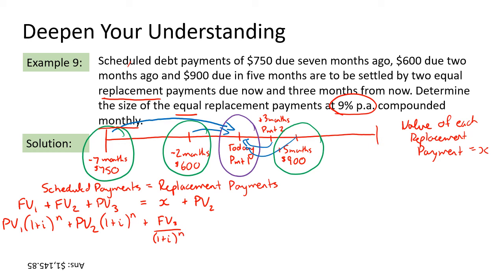Again, each of these values of n are different. I'm going to label them n1, n2, and n3. That has to be equal to x.